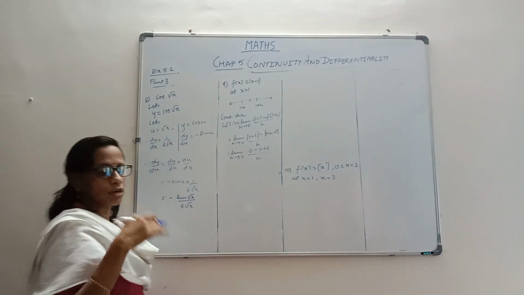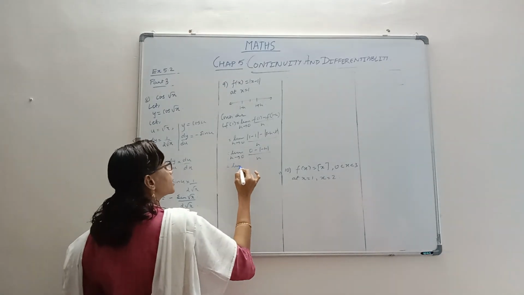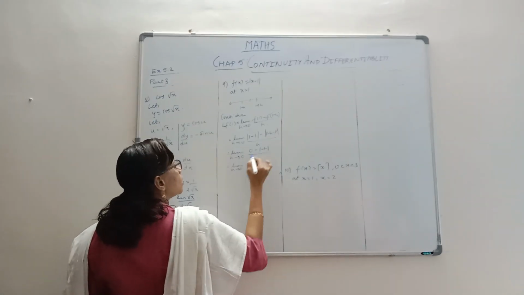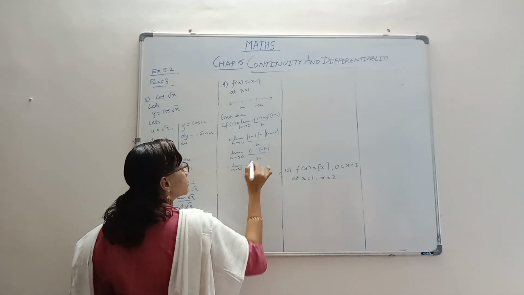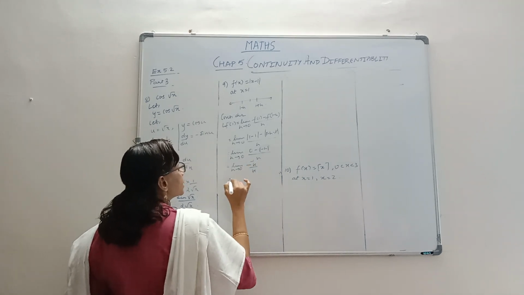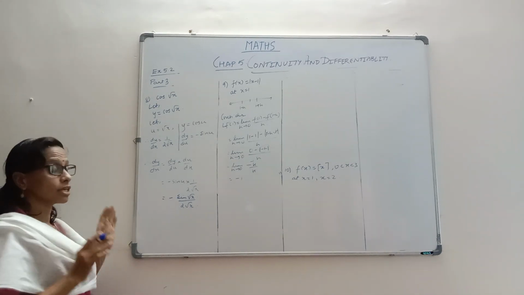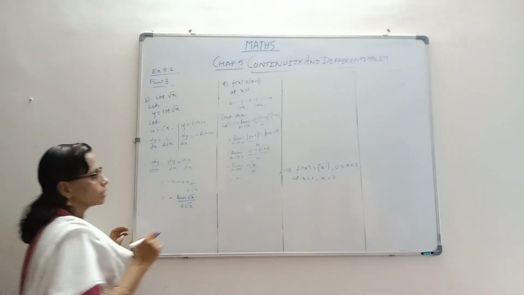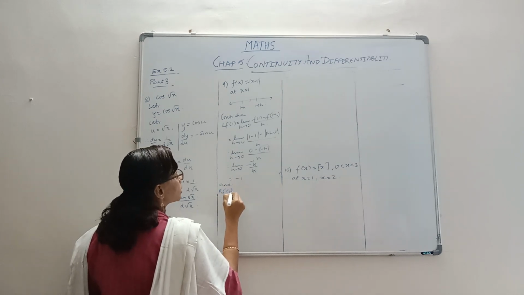Any negative inside the modulus becomes positive, we know it. So it comes to limit as h goes to 0 of minus h by h. This has become positive, and that minus sign is already there. That way this gets cut and it becomes minus 1. So overall the left derivative value is coming as minus 1. Let's take the right derivative. And the right derivative, how does it come?